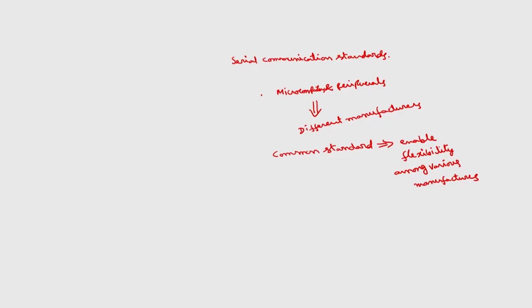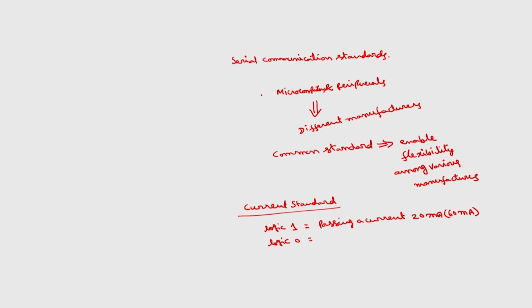In the current standard, logic 1 is transmitted by passing a current of the order of 20 milliamps or some 60 milliamps, whereas for logic 0, the passage of current will be blocked.